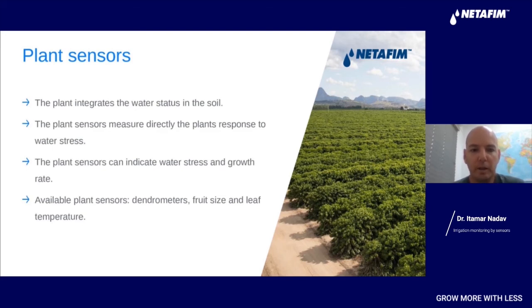The plant sensor can indicate any water stress and growth rate of the plant. And the available plant sensors that we have are dendrometers, fruit size, and leaf temperature, as I will show you in a second.